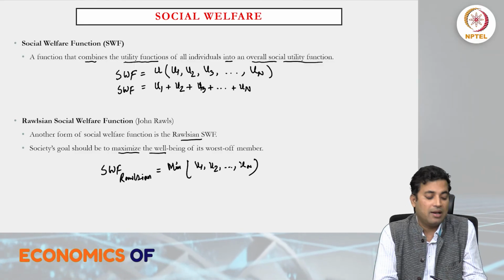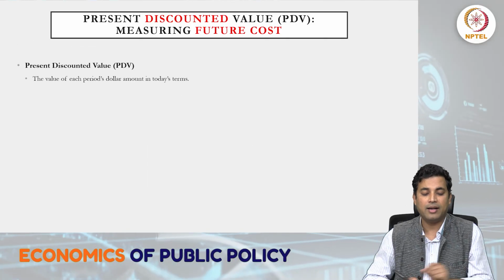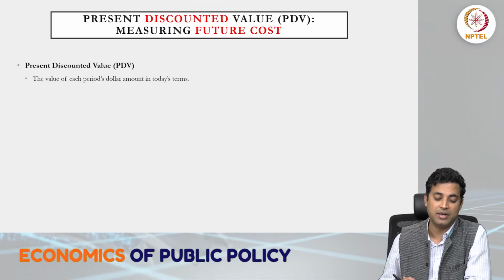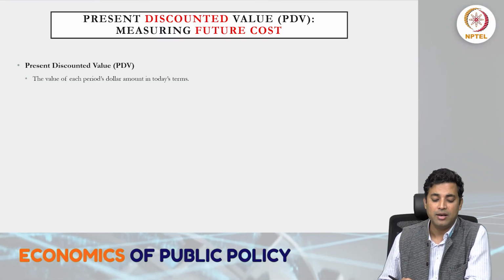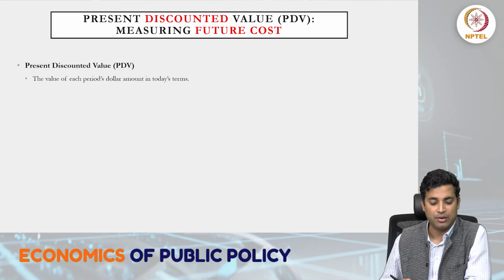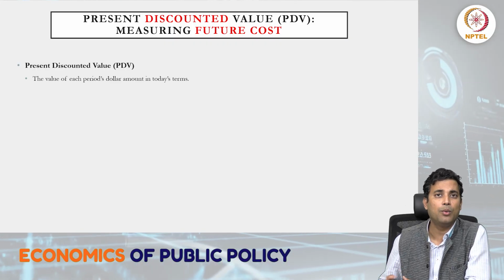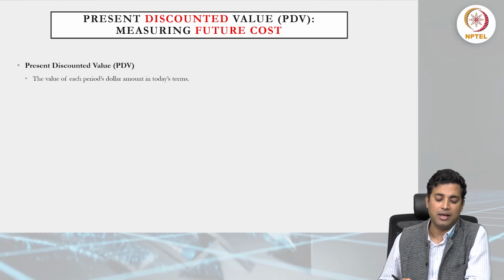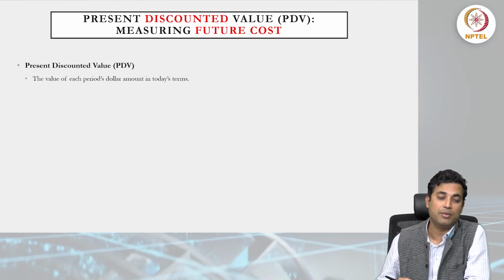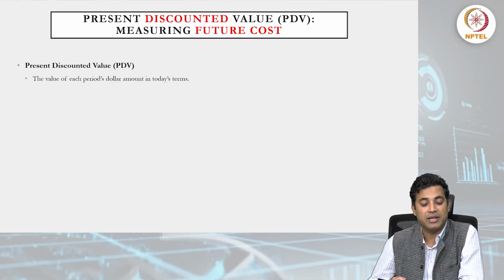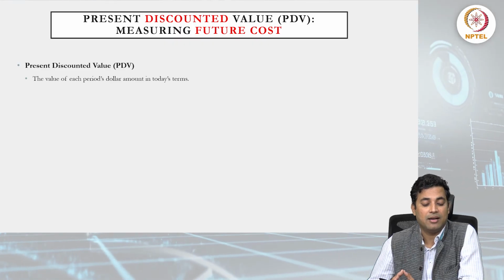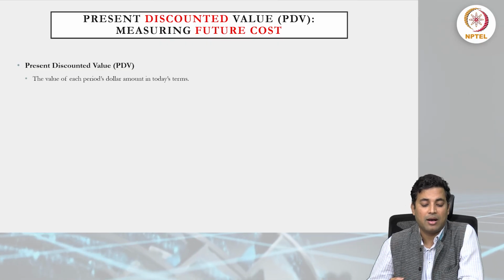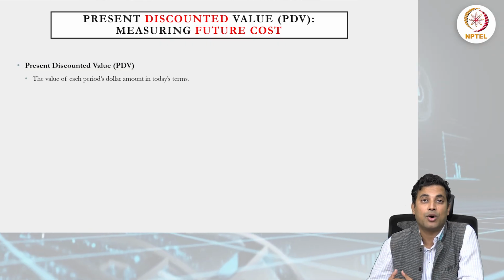So now let's move further to how we calculate the value of the cost or the benefit. There are different ways in which we calculate. One famous method that we consider in calculating value, whether it is cost or benefits, is present discounted value, what we call PDV, and this is basically measuring future cost.